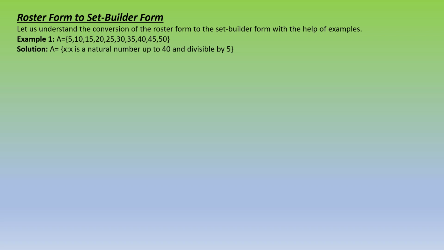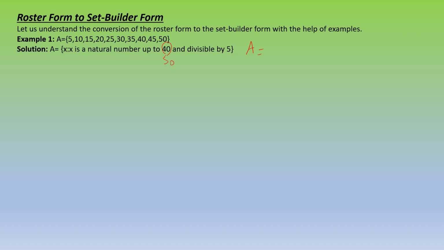A is equal to x such that x is a natural number up to 40 and divisible by 5. It is up to 40, up to 50, up to, this is not 40, this is 50. Or we can write this like this also.